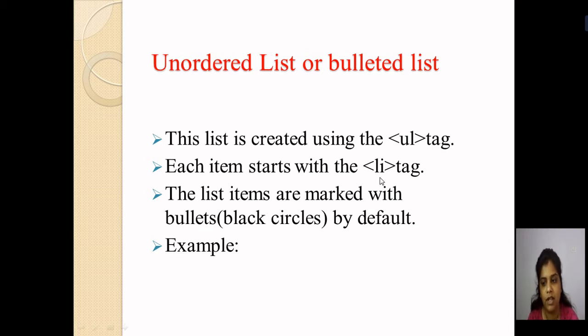For example, the small black circle is there, a square is there, a simple circle is there. These are the different symbols used in an unordered list to mention your list of items. But the default symbol used is the circle, and that circle should be colored black. The whole black circle is the default bullet used for listing the items in an unordered list.